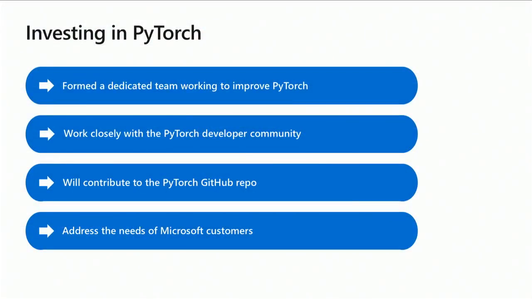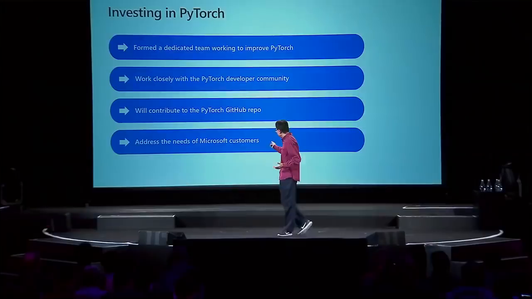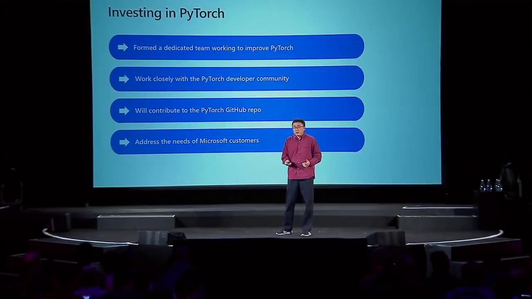And the first thing is we formed a dedicated PyTorch team. And we work very closely with the PyTorch developer community, and will also contribute any good things into the PyTorch GitHub repo. And obviously, we also want to address all the needs of the Microsoft customers.